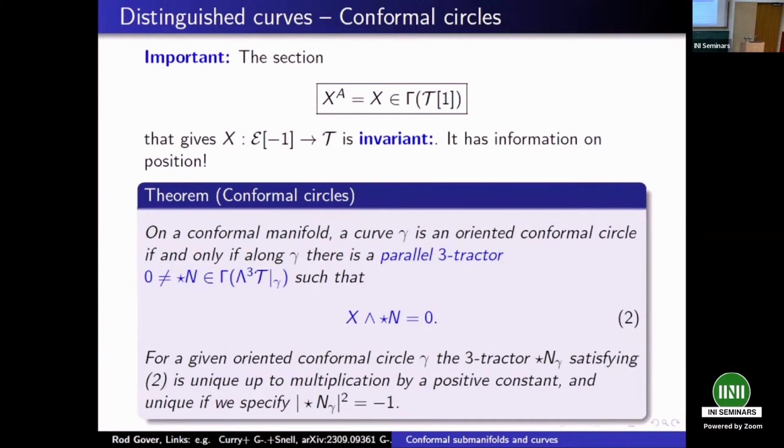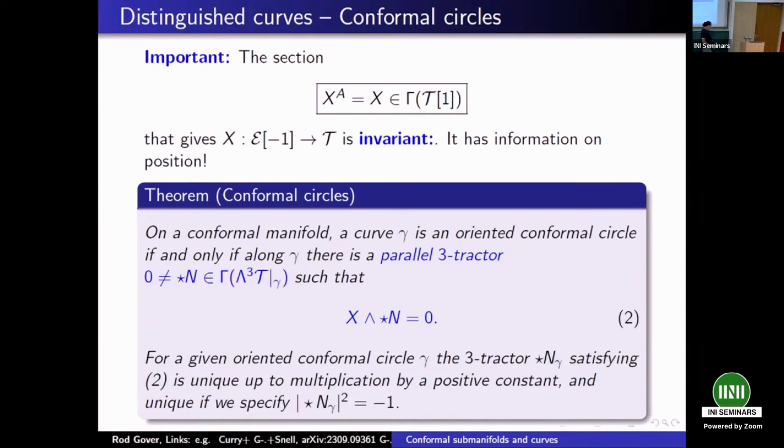So it's a three-tractor, and it's parallel along the curve. Of course, it's easy to make something like that parallel along the curve: just pick one at a point and parallel transport it. But the other bit of information is that we're going to ask that it's incident with x. So when you wedge this canonical tractor with it, you get 0. And if that happens, it's a conformal circle, just like that.